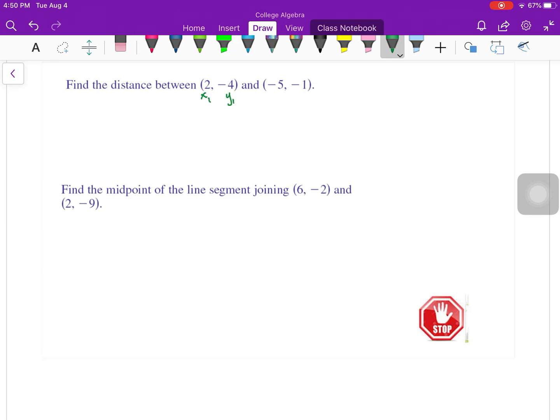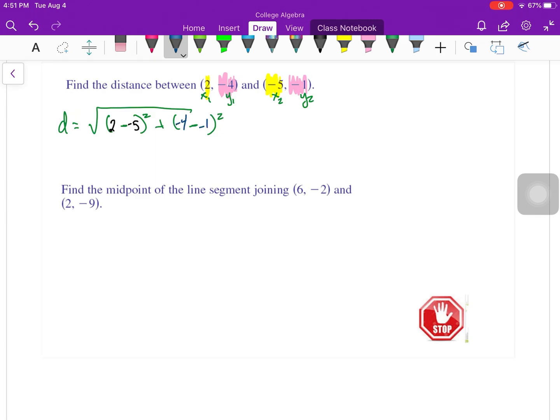So if I have the distance between (2, -4) and (5, -1), I'm going to call this x1, y1. This one's x2, y2. So my distance will be the square root of the difference of my x's squared plus the difference of my y's squared. Distance is difference. So my x's are 2 and 5. I'm just going to put that in here, 2 and 5.